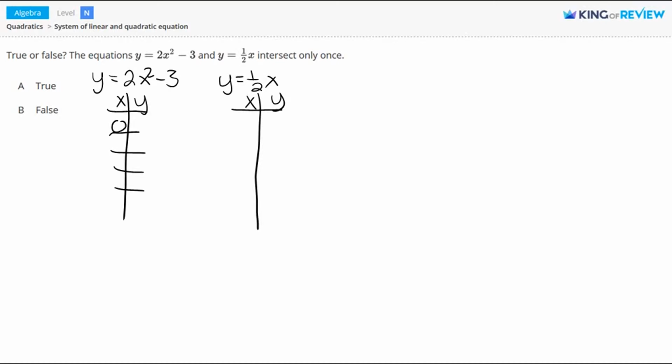I'm going to graph x equals 0, 1, 2, -1, and -2 for this.